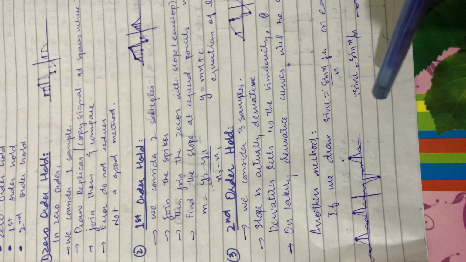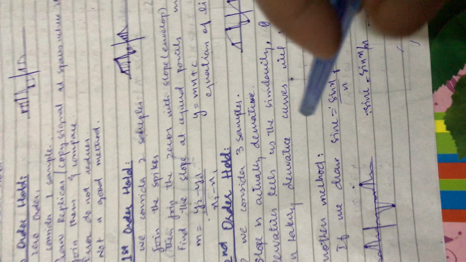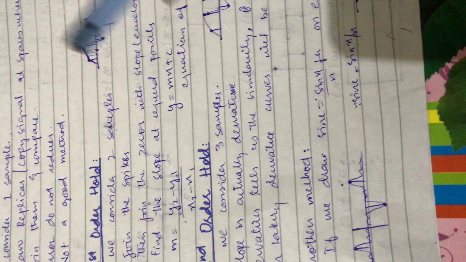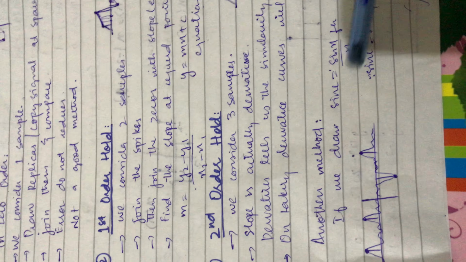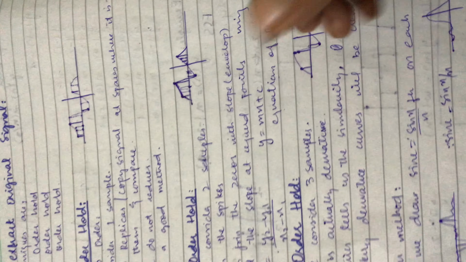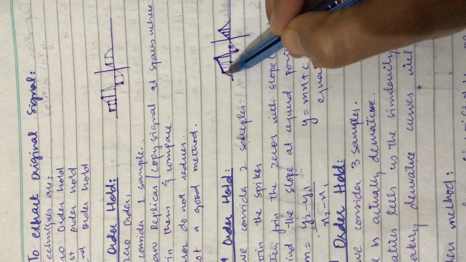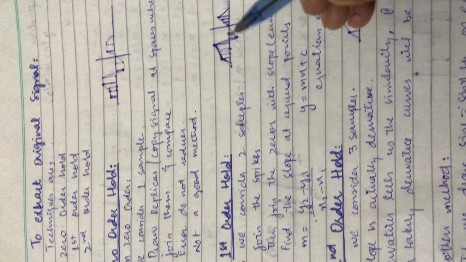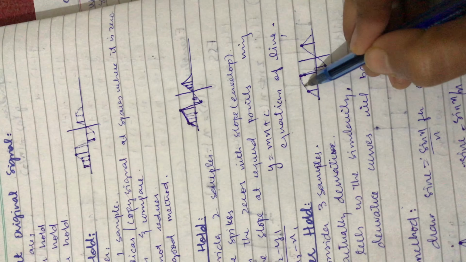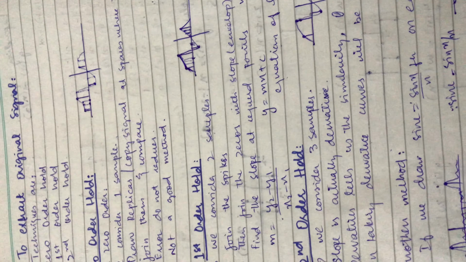What is slope? Slope is actually the derivative, and the derivative tells us the similarity between two things or two functions. On taking the derivative, the curves will be more clear. Here we have these pointed edges. By taking the derivative in the third method, these curves will be more clear, and it will look like an analog waveform.